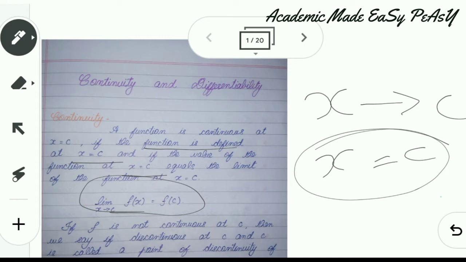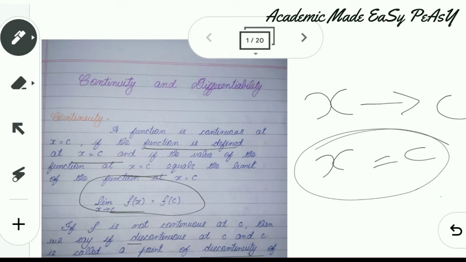If we have any break or if the condition is not satisfied, then we say that it is discontinuous. If f is not continuous at c, then we say it is discontinuous at c, and c is called the point of discontinuity. We will be learning all these in detail in the exercise sums.